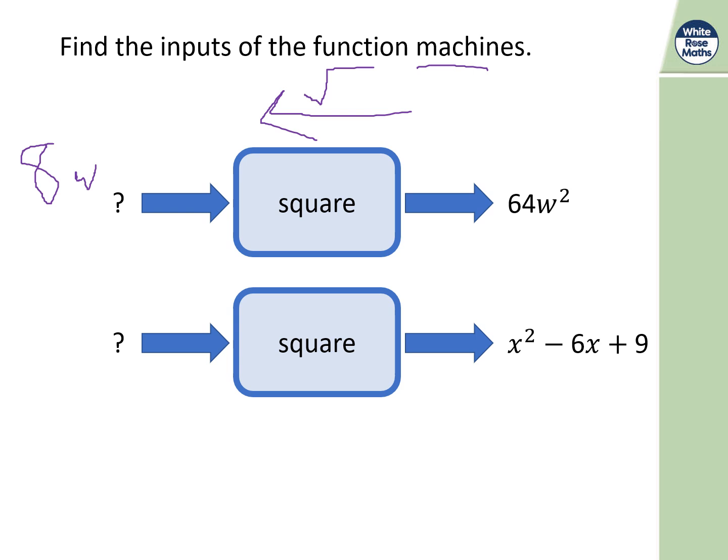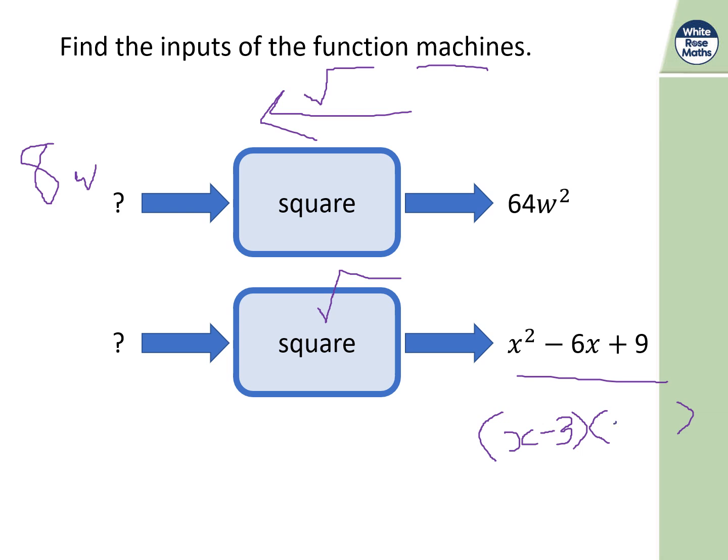This next one, I've got to work backwards here, so I've got to undo the root. Now here, it's a bit trickier. If I factorize this first of all, that will factorize into x minus 3 times x minus 3. The x and x make the x squared.